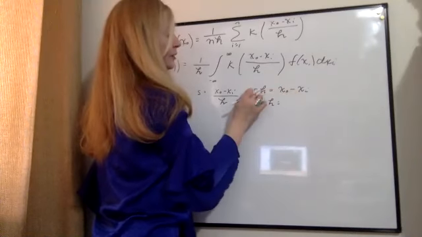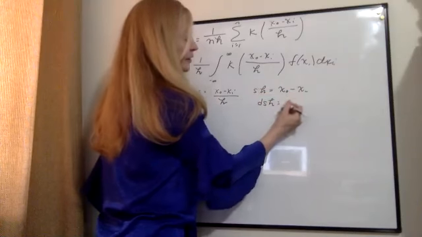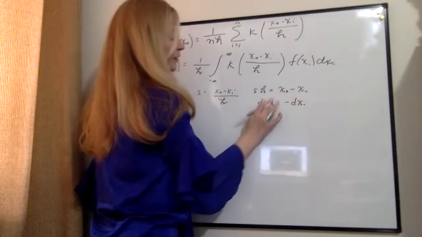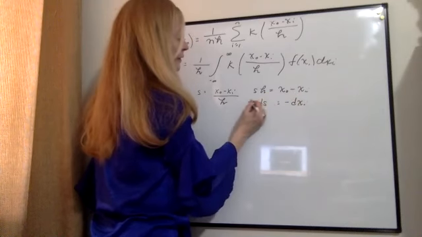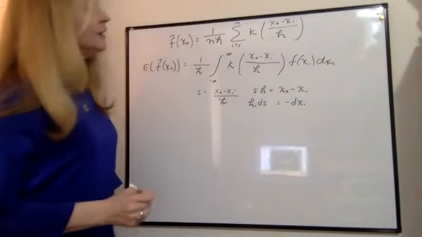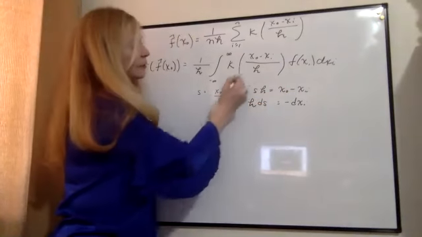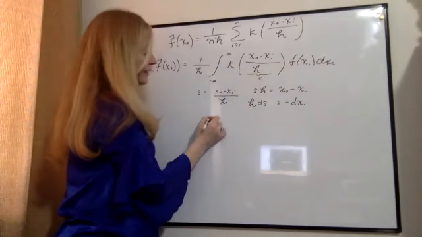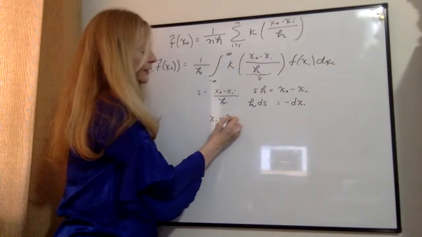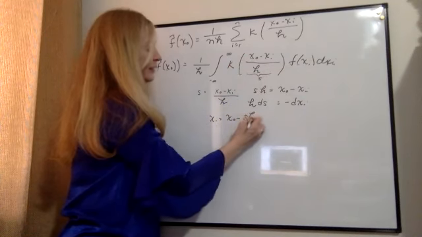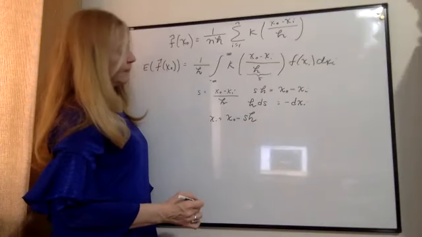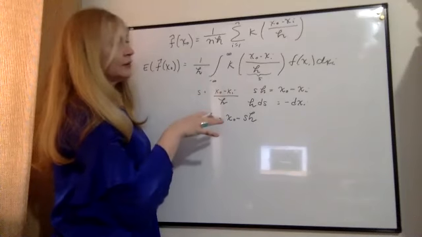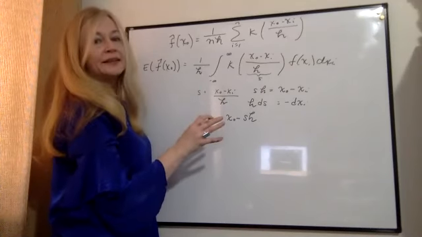So dxi is like h times ds, up to a sign. And xi by itself is going to equal x naught minus sh. I'm just going to rewrite this equation, changing the variables in terms of S.